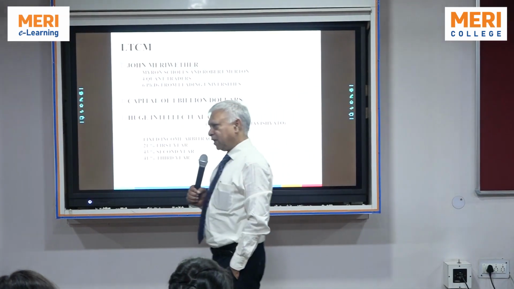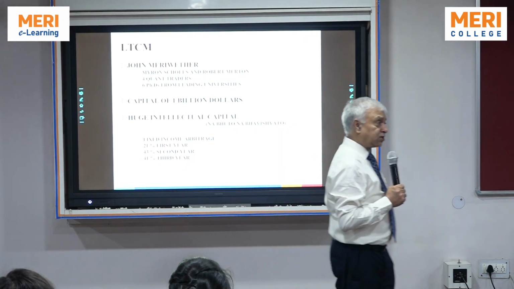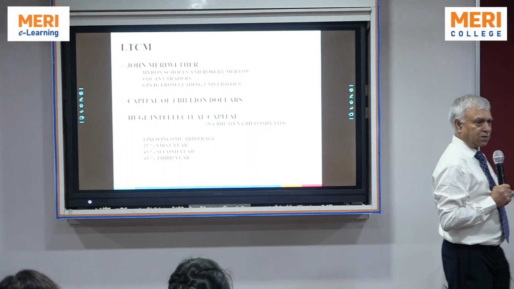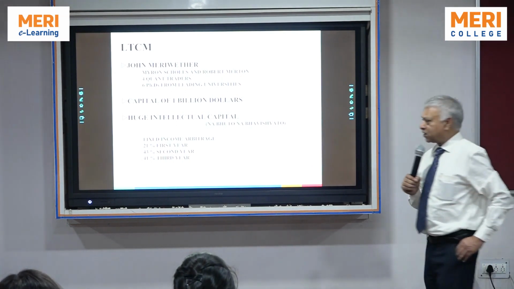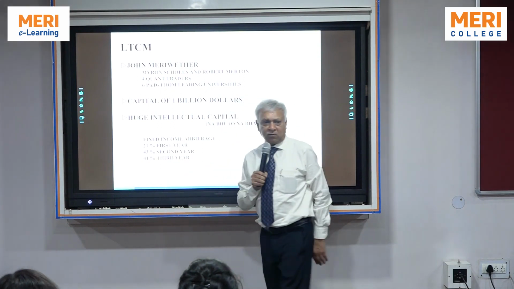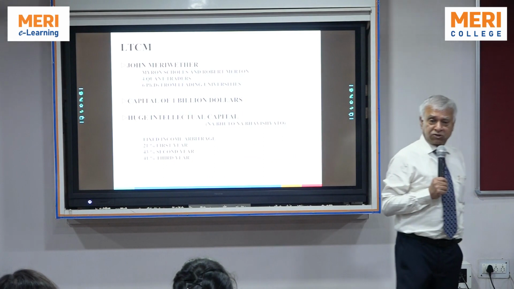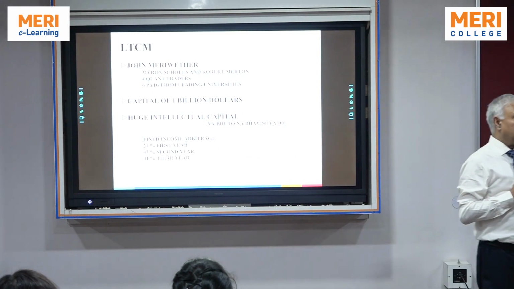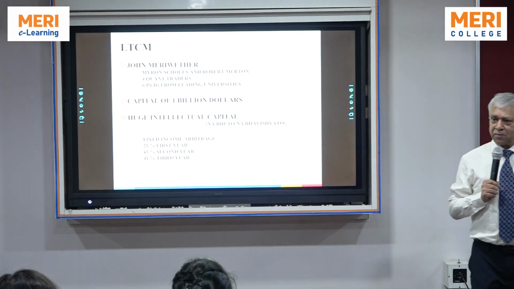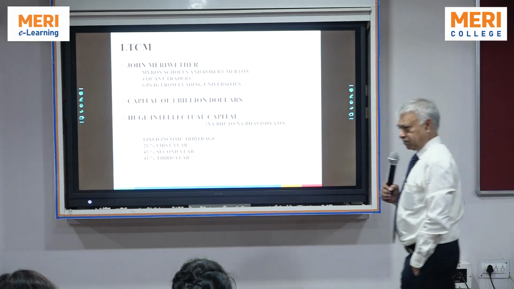John Meriwether, the chief dealer at Salomon, had perfected the system of debt arbitrage. These were the annualized returns in debt arbitrage: 21, 43, 41 percent. You can't get that in equity. They got into equity arbitrage and leveraged, and leverage killed them.